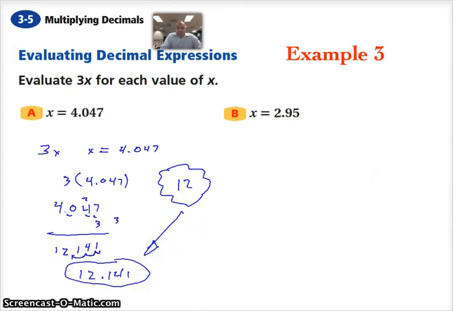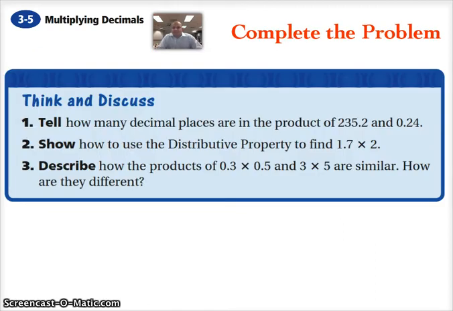Absolutely. Your work for tomorrow is to tell how many decimal places are in the product of 235 and 2/10 and 24 hundredths. Total decimal places we're talking about. Now we're going to ask you to show how to use the distributive property, 1 and 7/10 times 2.